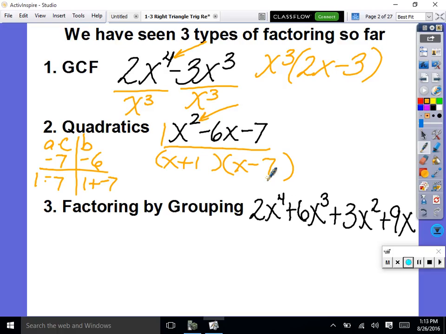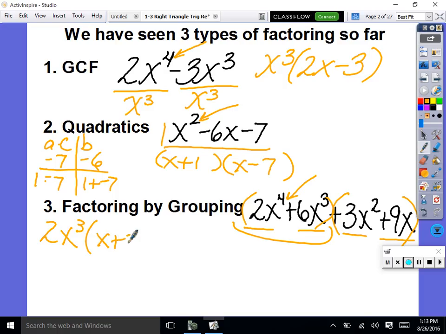Now, as we just learned, we would not do a times c in this one. It's degree 4, but not only that, isn't there 1, 2, 3, 4 terms? If you have 4 terms, we factor by grouping. We group those two and factor out each group. In common here is a 2x cubed, right? Left is x plus 3.